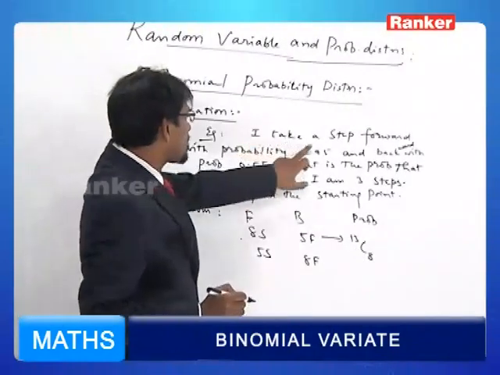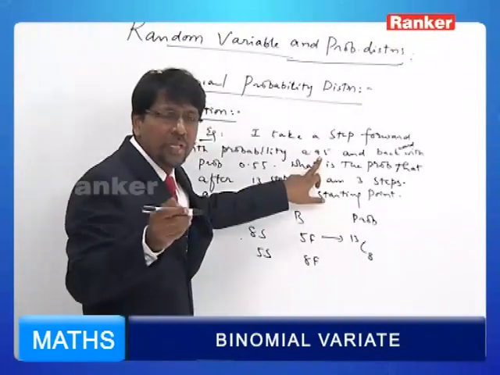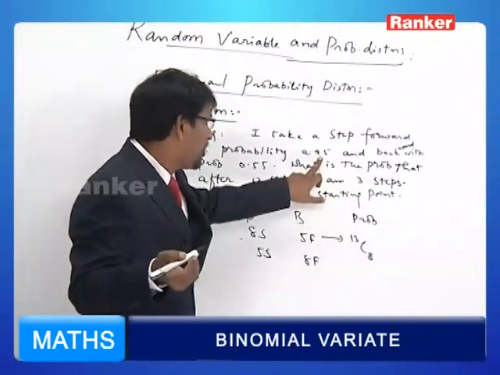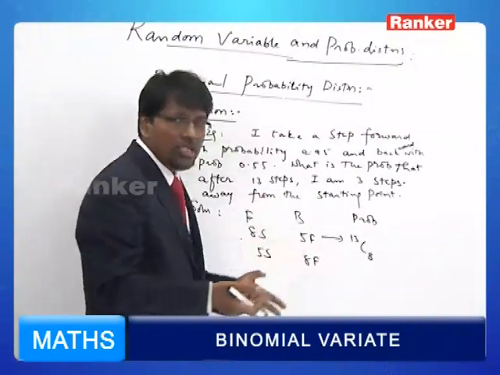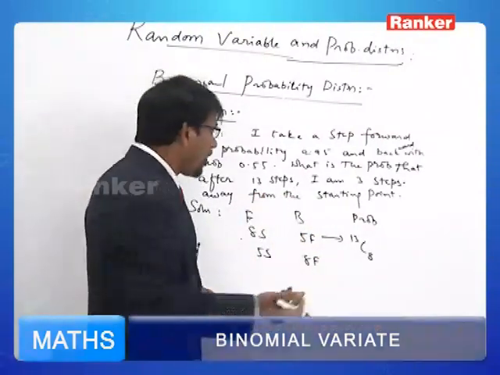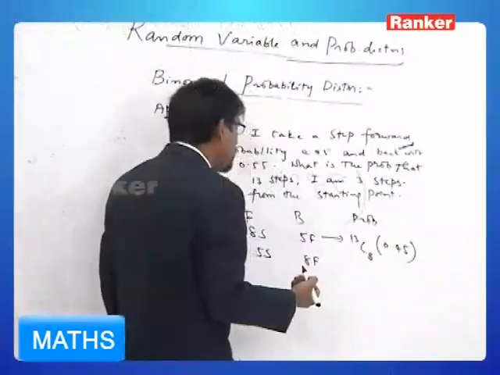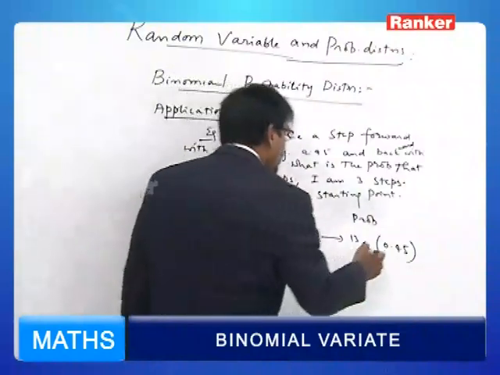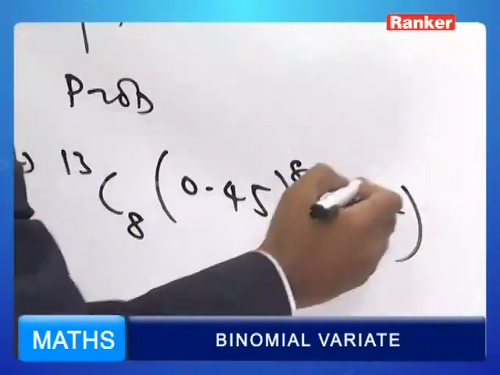I take a forward step with what probability? 0.45. So the probability of success in every trial, that is at every step, whenever I am at a particular position, the chance of moving forward is 0.45. So 0.45 raised to the power 8 into 0.55 raised to the power 5.